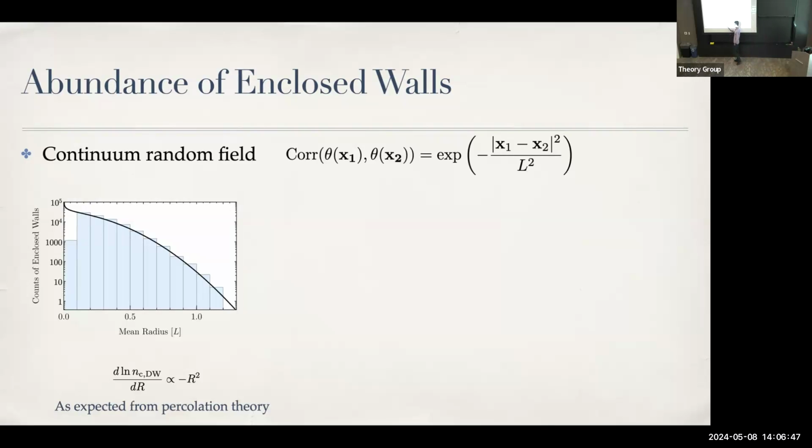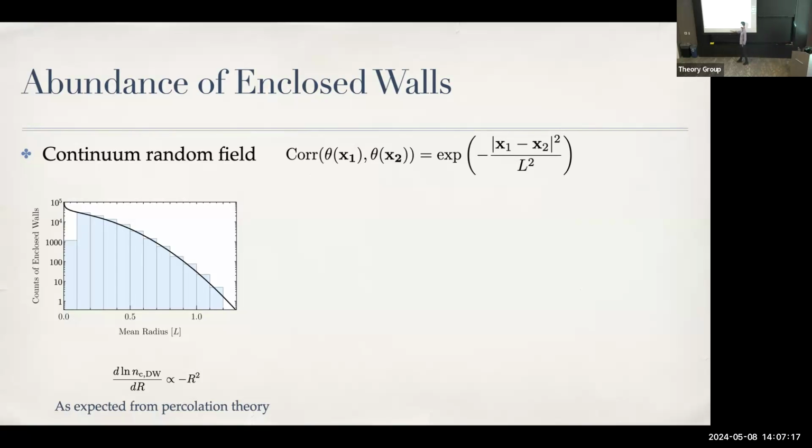And what you'll find, using the continuous random field generation, is that the number of enclosed walls versus their typical size in units of this arbitrary scale L, which again you can identify as of order the horizon size T, is that these are logarithmically distributed in number density, with number density going as e to the minus r squared, which is exactly what you expect from the discrete case, which goes as volume to the minus 2/3 power.